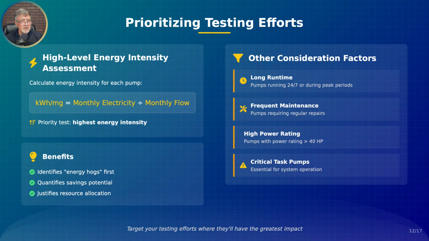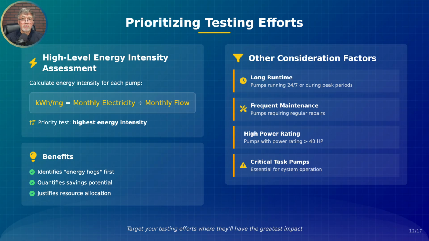So benefits are it identifies the energy hogs first. So what's using the most energy, quantifies savings potential and justifies resource allocation because we know where our energy hogs are. So other consideration factors when you're looking at prioritizing testing efforts are long runtime, pumps running 24/7 or during peak periods should really be looked at as a higher priority.